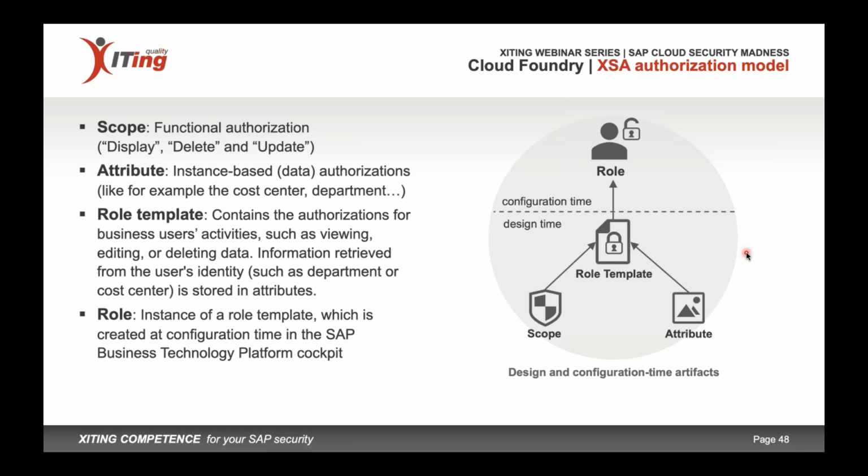A role template describes a role and any attributes that apply to the role. The definition of such a scope and role template is normally done at development time. There's a file called xs-security.json, and the developer creates all these role templates and deploys the relevant application. Now it is the cloud administrator's task to build roles out of those templates. So now you have roles in the first step.